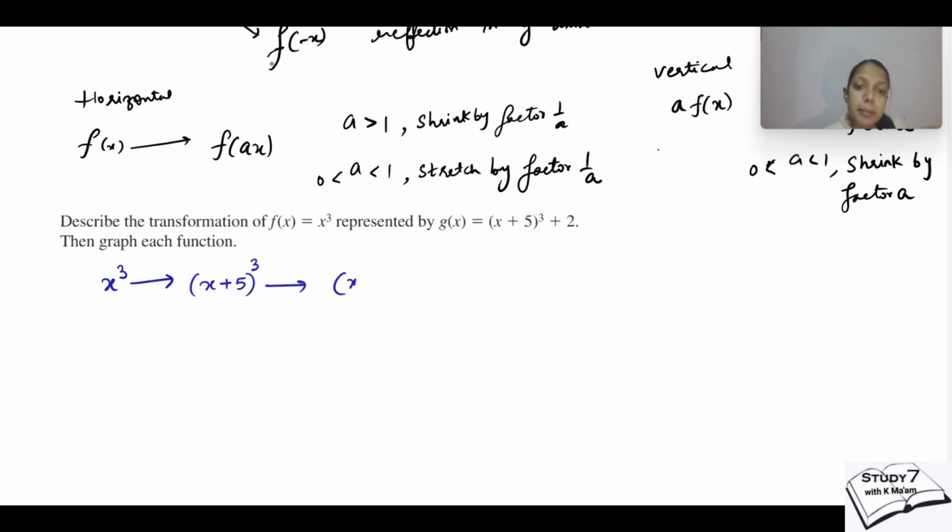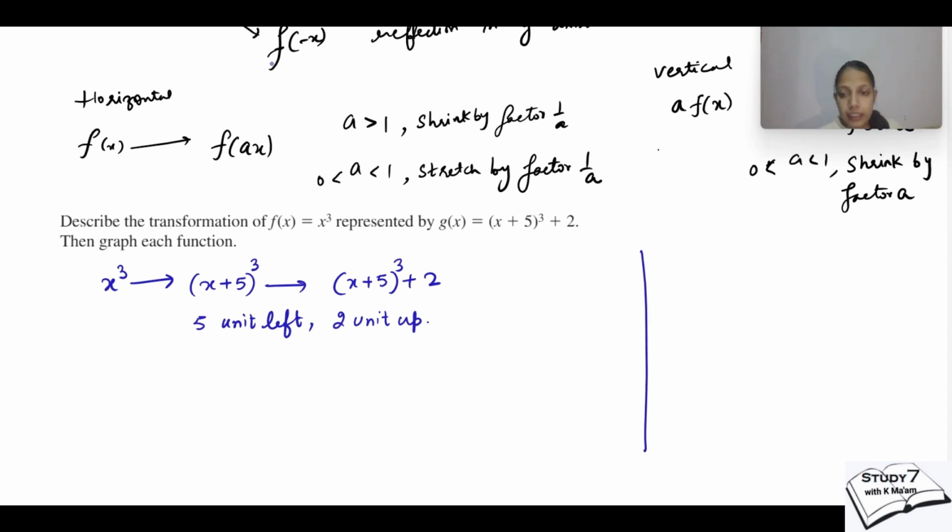In the next step, you add 2 outside. First, you add 5 in the x and you add 2 outside the term. Inside addition and subtraction is a horizontal shift. 5 is added, so 5 units left. 2 is added outside, so 2 units up.